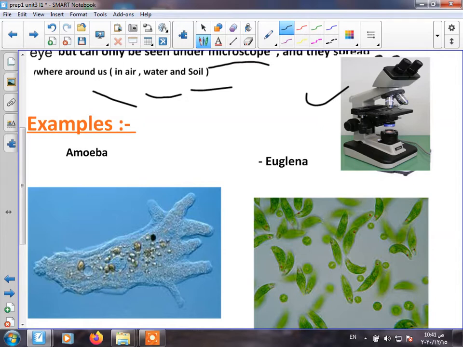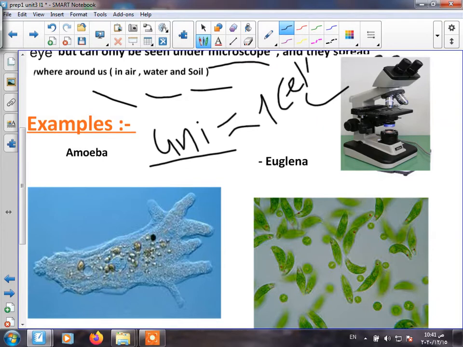And all of them are unicellular. What is the meaning of unicellular? Unicellular means their bodies have only one cell. Of course, you know that the body of a living organism contains millions, a huge number of cells.